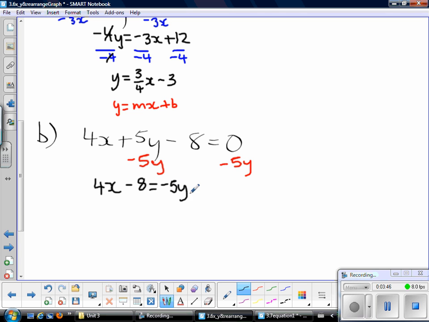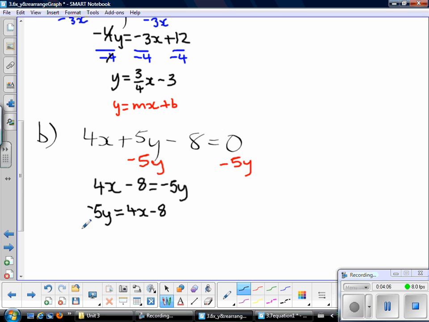Now I'll be honest, if I was writing this line, I would see that I have negative 5 over here, and I probably would have just gone negative 5 equals 4x minus 8. And I would have saved myself just a little bit of work, because it's just taking the equation and flipping it around.